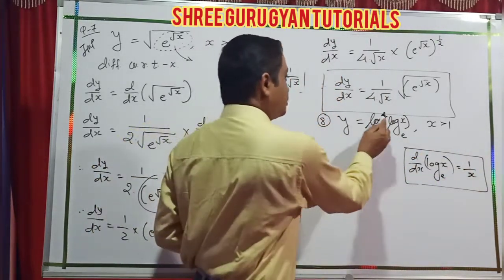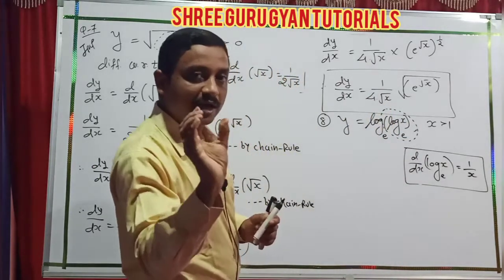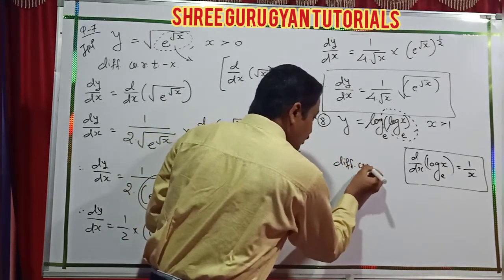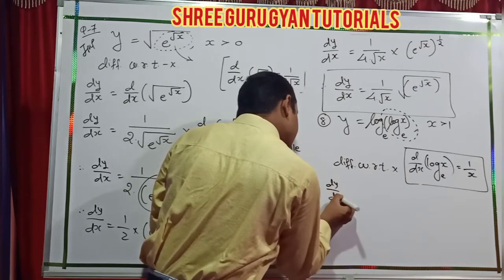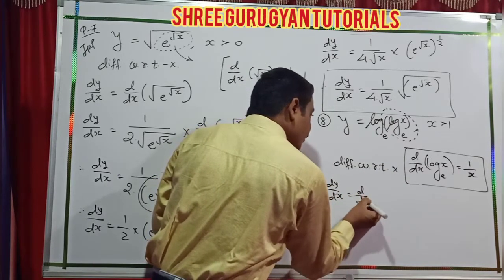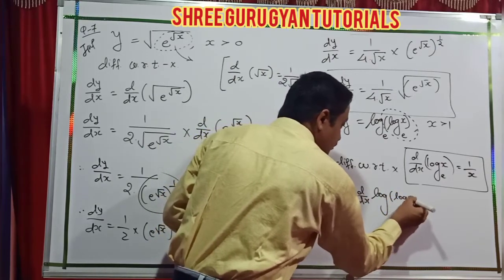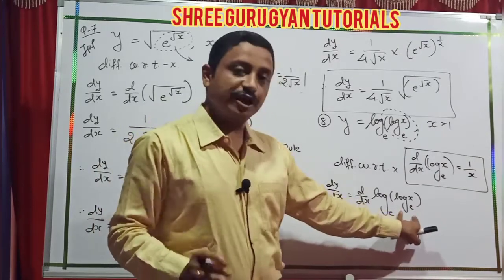So here in this part I consider, students, only and only x. So differentiation with respect to x. First, d dx of log of log x base e. This part you consider as x.